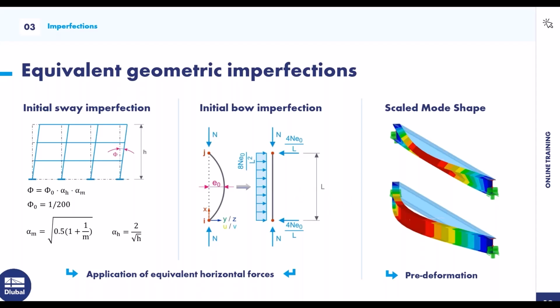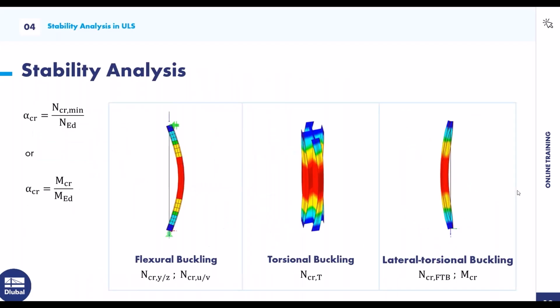These are the two variants of the equivalent geometric imperfections. Another alternative is pre-deformation, which can be calculated with the help of stability analysis. The respective governing eigenmode is scaled and applied as an imperfection. That's not so often used, but it's possible. What you often use is the initial sway imperfection or the initial bow imperfection, or both. You can see that in a later slide.